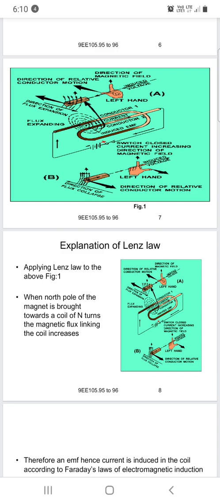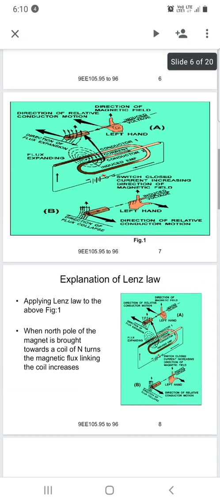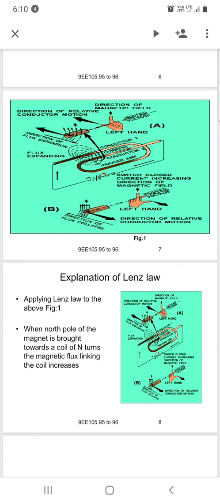This EMF causes motion to oppose the source current, so the direction of the induced current is reversed, opposing the source current.